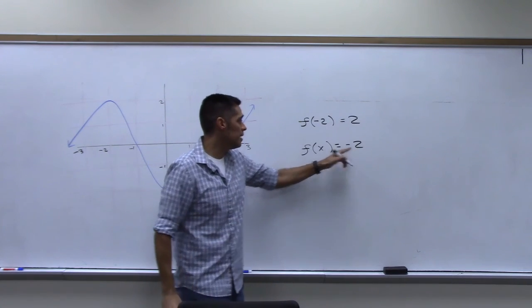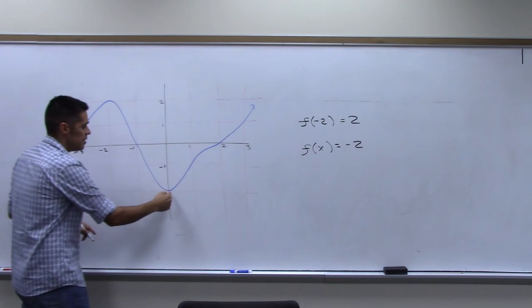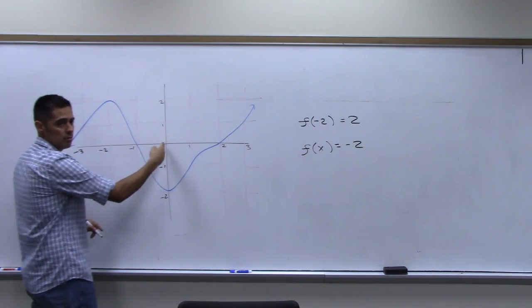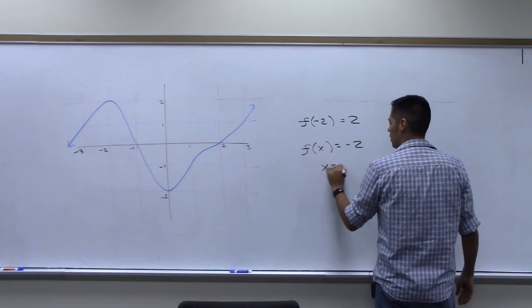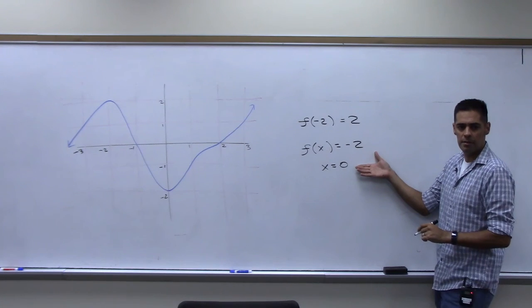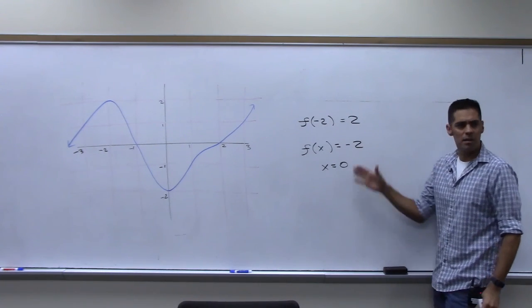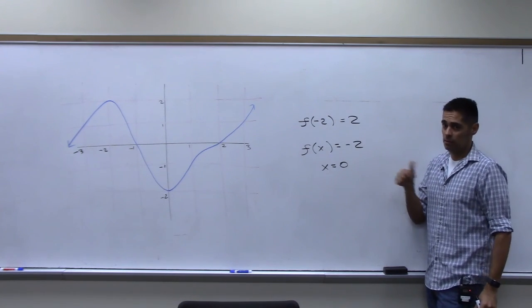Your y value is -2. That would be here. So what x coordinate is that? 0, right? So this would mean x is equal to 0. Does that make sense? Does that help? Do you see how it'll be easier to read? Okay. Is that clear for everybody? Sure? Okay.